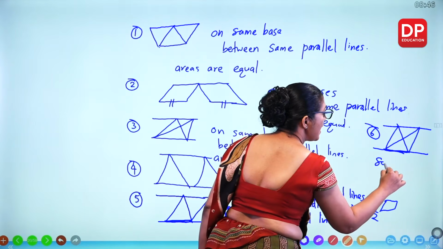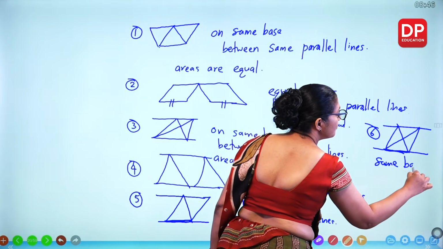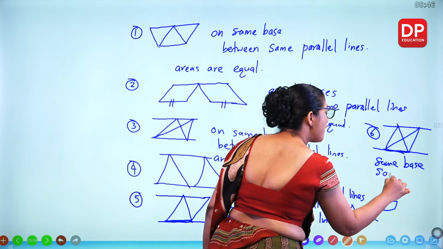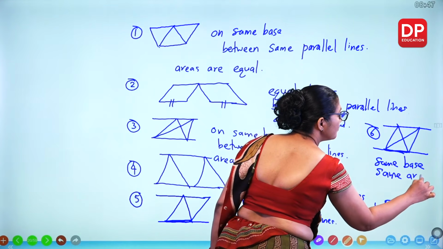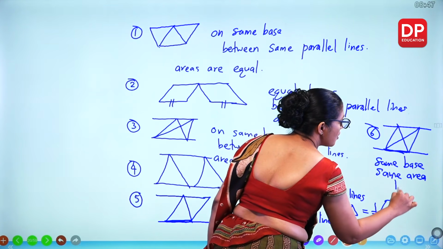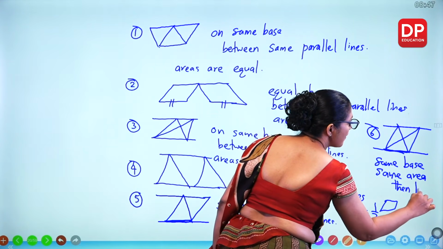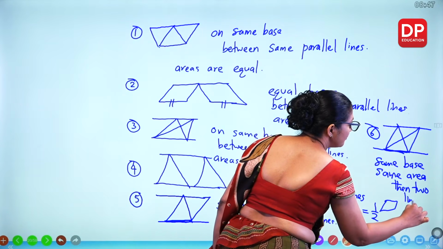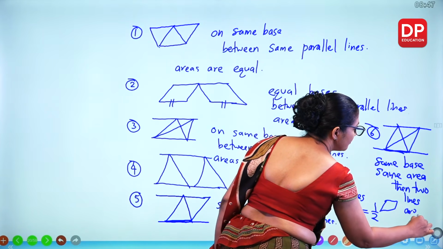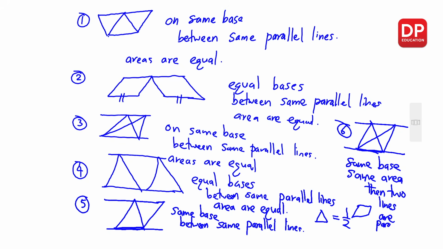Here same base, same area, then the two lines are parallel. So in this lesson we discussed 6 theorems. Now we'll try to apply these 6 theorems in exercises.